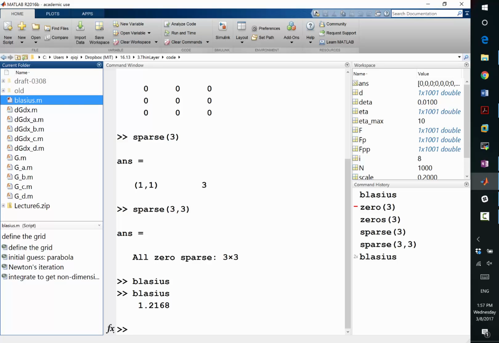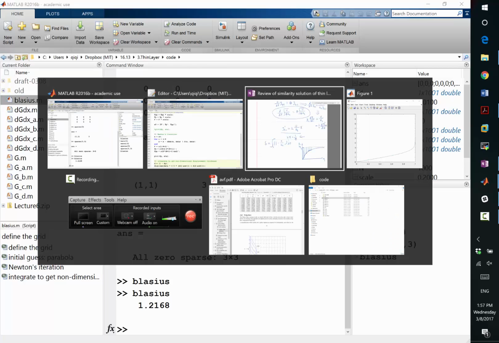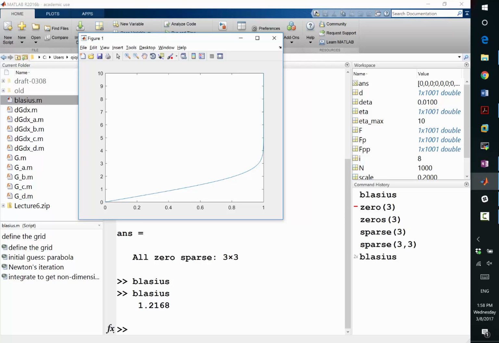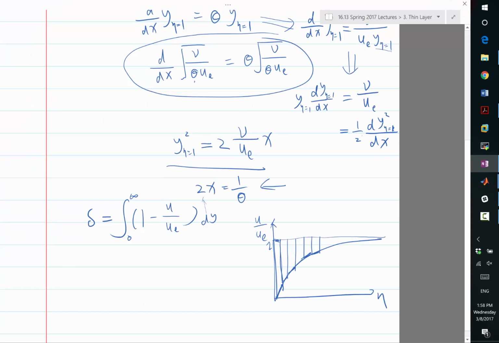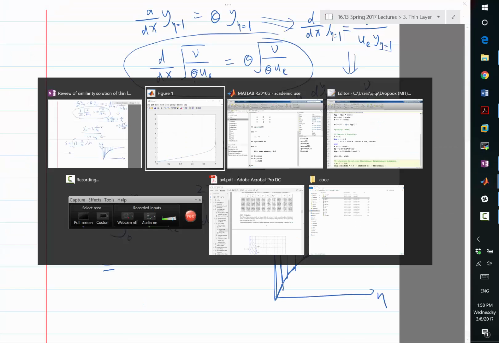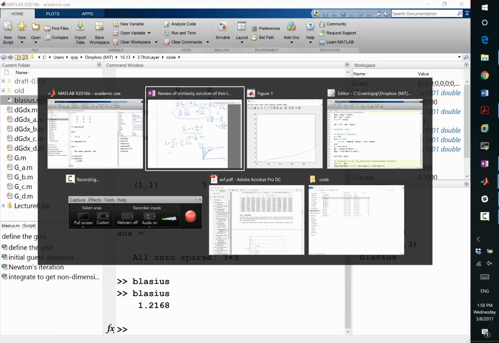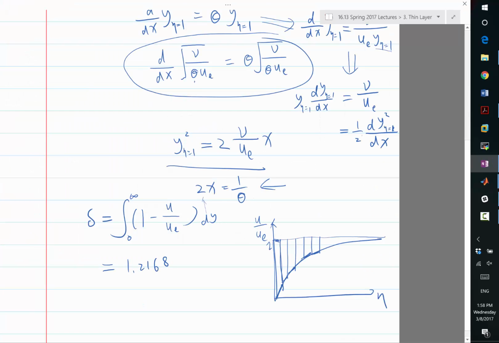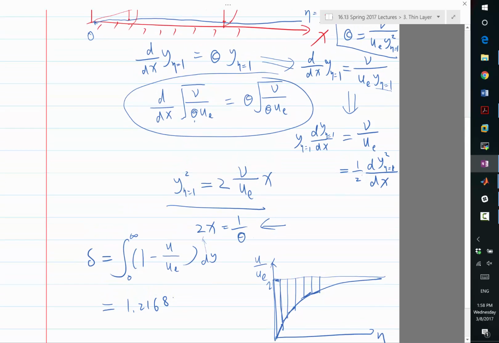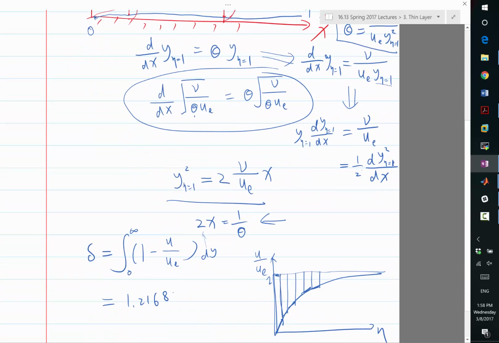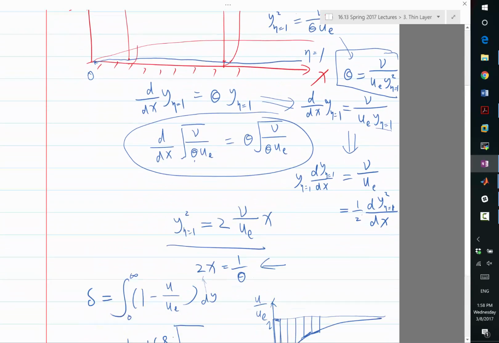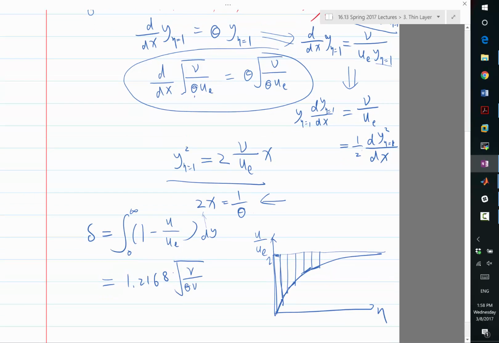All right, so my displacement thickness is about 1.2 here, right? It's 1.2, about 1.2168, times the square root of nu over theta ue.